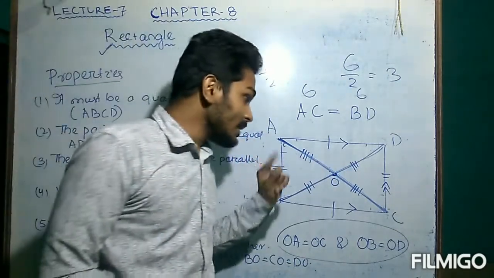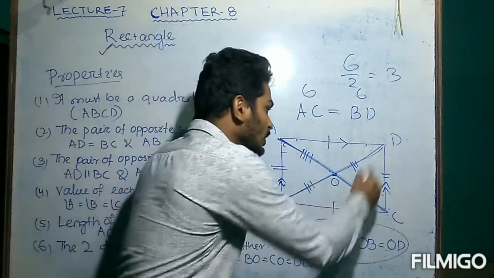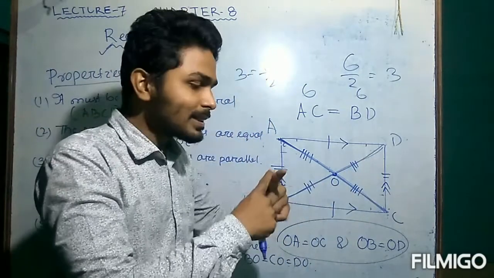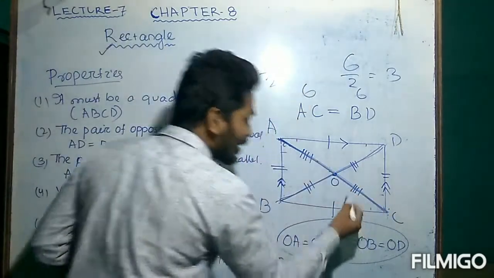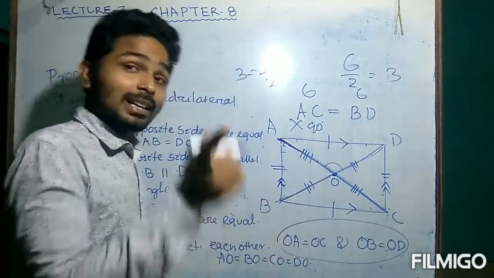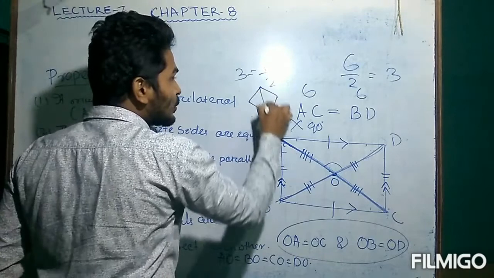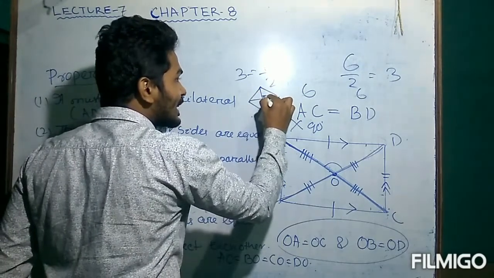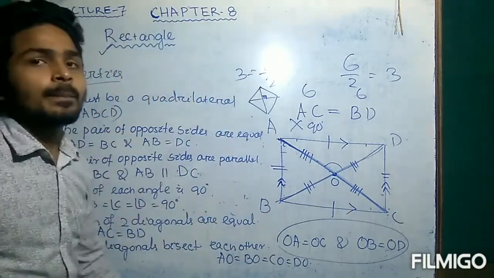Okay, but the most important property that you have to remember is that both the diagonals do not meet each other at 90 degrees. That means the angle between this diagonal and this diagonal is not 90 degrees. No, but in case of a kite we have discussed that the two diagonals bisect each other at 90 degrees. But here the angle between two diagonals is not 90 degrees.